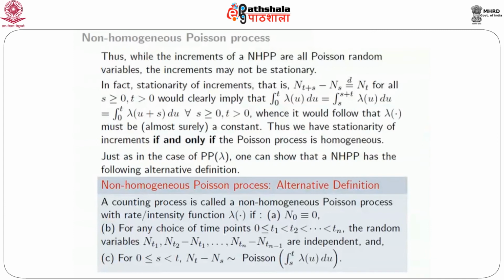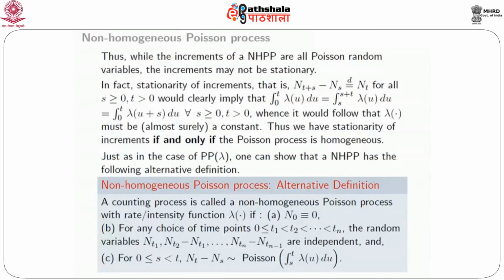Now, just as in the case of PP lambda, one can show that NHPP has the following alternative definition, equivalent to the one we have just given: a counting process is called a non-homogeneous Poisson process with rate or intensity function lambda if N(0) is 0, and there is a condition on independence of increments.